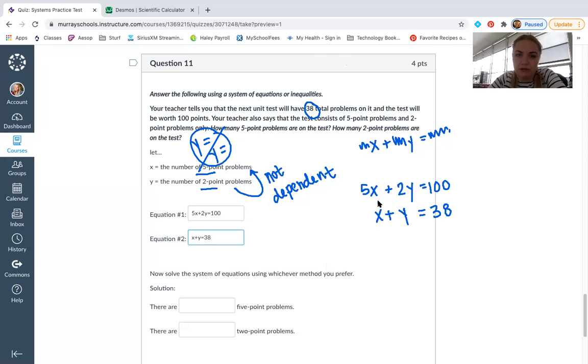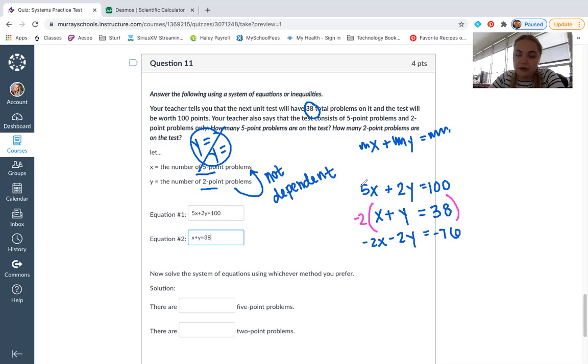You could easily solve this one, but I'm going to use elimination because I like it better. So I'm going to make my y's opposites. That means if this top y is 2y, I put the bottom equation in parentheses, and I'm going to multiply it by -2. And when I do that, I get -2x minus 2y equals, and then -2 times 38, I get -76.